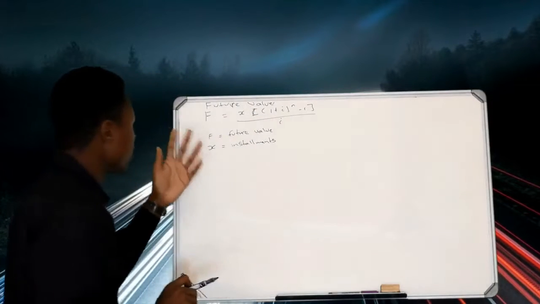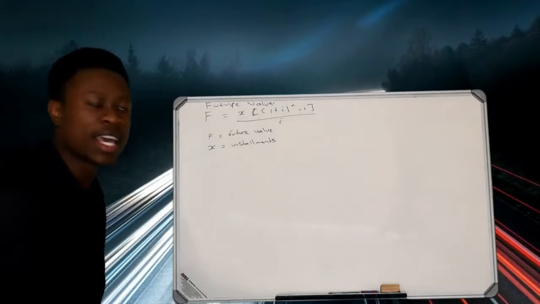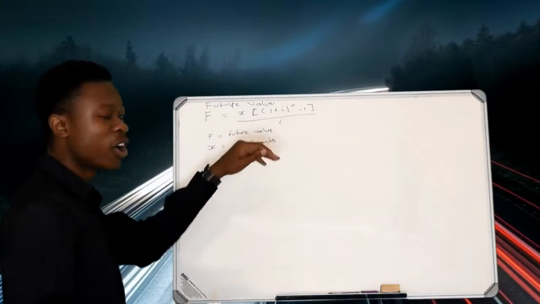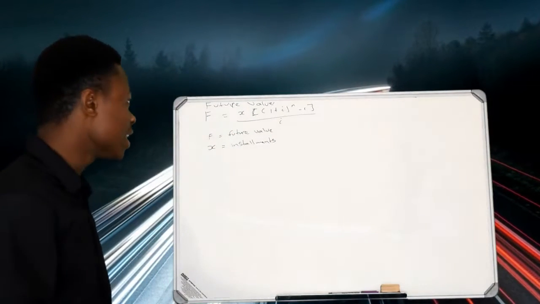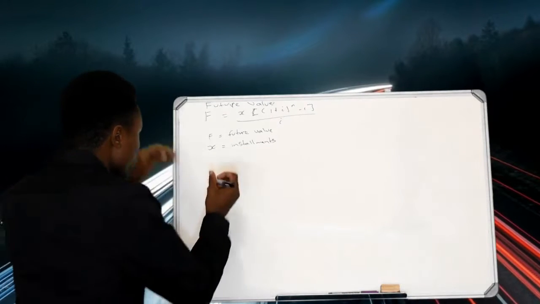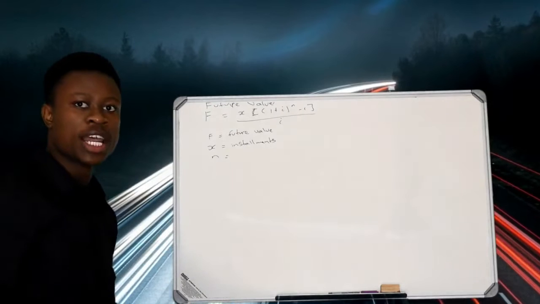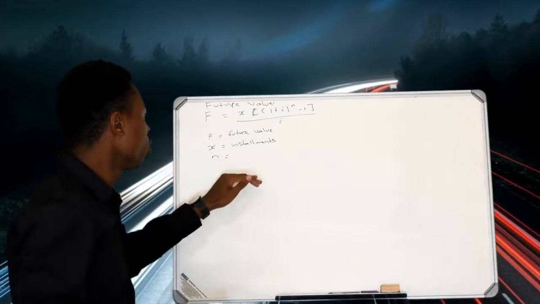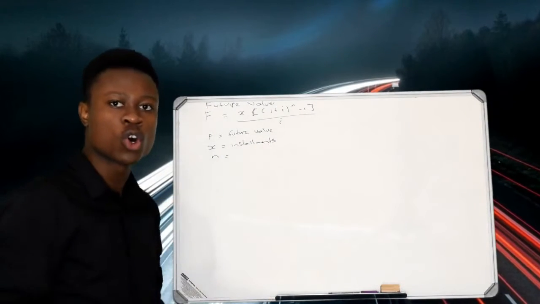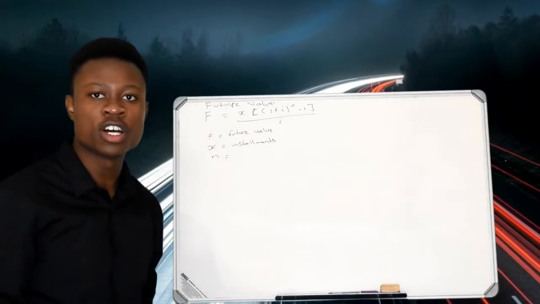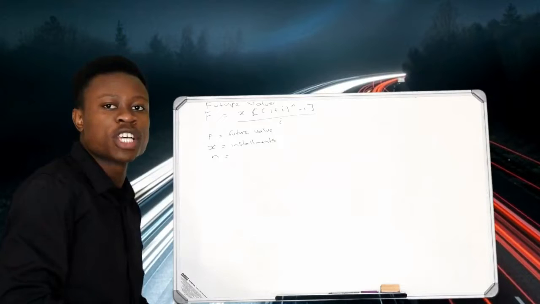What is i? i is the interest rate. We already know that. What is n? n is the number of payments that you make. But n this time around is not years. n is equal to whatever the duration is. Let's say monthly, it'll be 12 times however long. So it'll be 12 times, let's say for a duration of 12 years, 12 times 12.